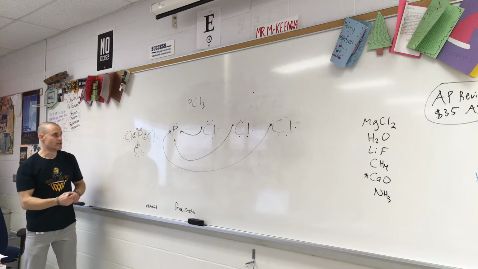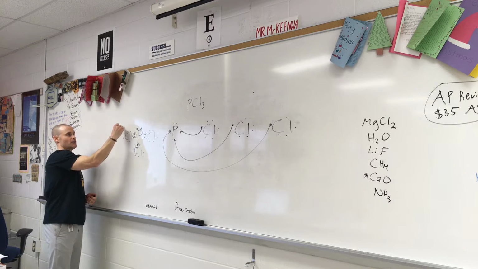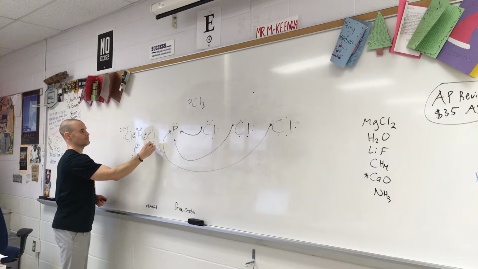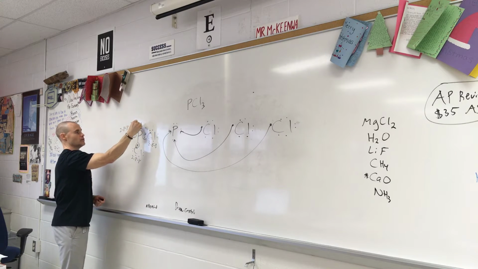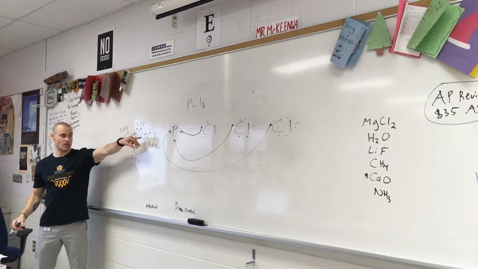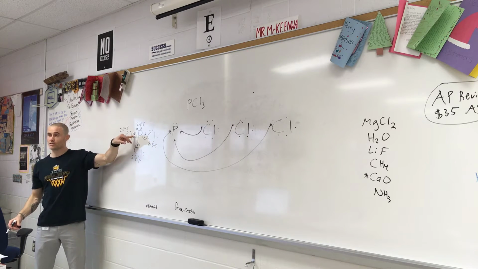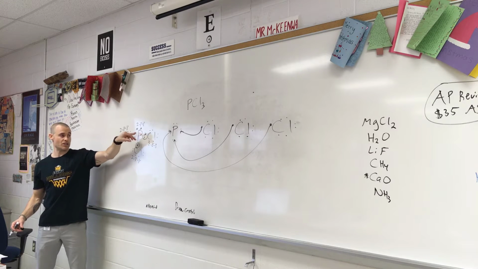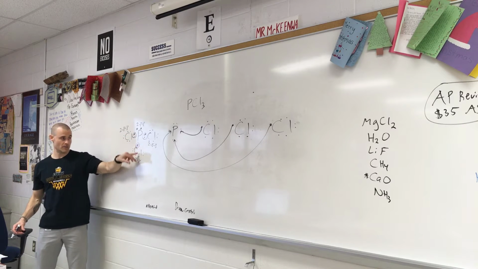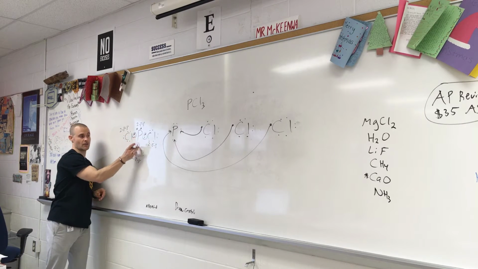Okay, so the configuration for Cl, we just did it. 2, 8, 7. And P is also 2, 8, 8 actually, because it's sharing. So it's sharing these 6 electrons. This P is sharing 1, and this Cl is sharing 1, so these 6 are being shared.